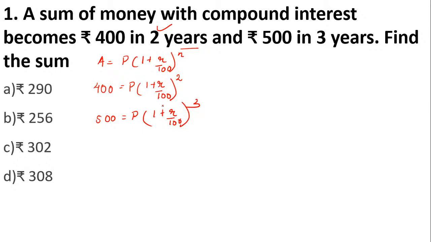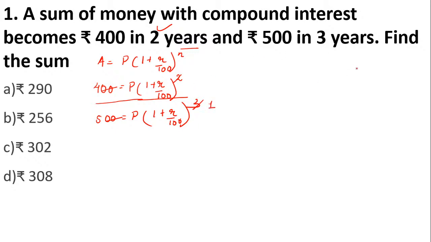Now what you have to do is divide these two equations. Divide equation 1 and 2. Simple. In mathematics, we can divide these equations. We can cancel the 0 from the 0. Here, there is (1 plus R upon 100) to the power of 2, and here we have (1 plus R upon 100) to the power of 3. So this 2 cancels with this, and only 1 is left.